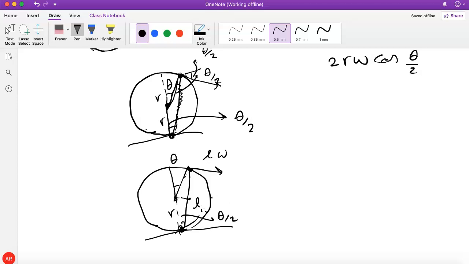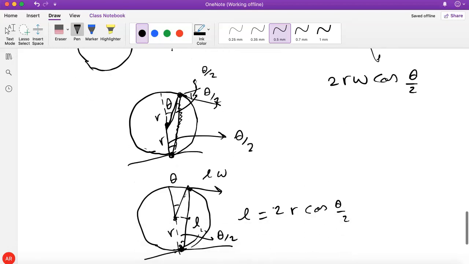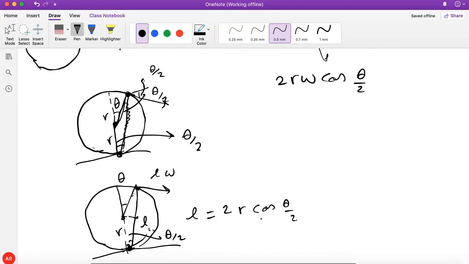So half of L is R times cosine theta over 2. So L becomes 2R cosine theta over 2, and L times omega becomes, again, 2R omega cosine theta over 2.